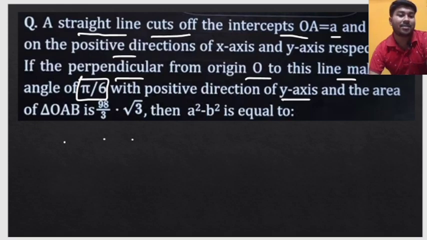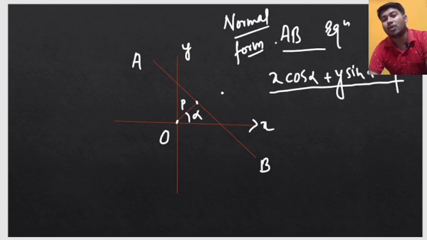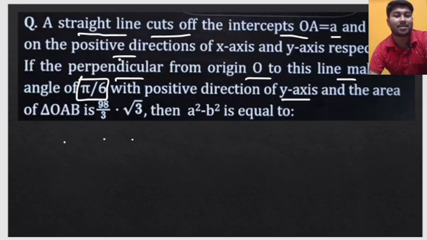Whenever we discuss the normal form, the angle required is the one made by the perpendicular with the positive direction of x axis. But here the angle given is pi by 6, made with the positive direction of y axis. Okay, no problem, just understand the problem. And the area of the triangle so formed, OAB, is 98 root 3 divided by 3. Now you have to find the value of a square minus b square.